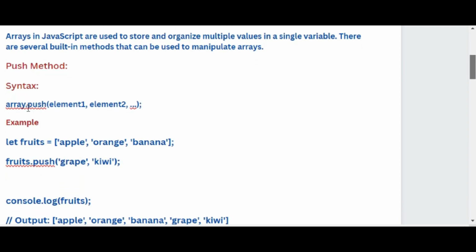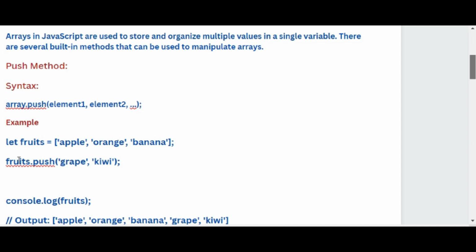So array.push(element1, element2). This is the syntax of the push method, and I'll explain it with an example. Let fruits = ["apple", "orange", "banana"]. When you write an array you have to use square brackets, right?